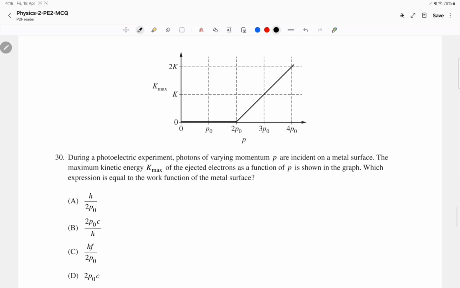30. Okay, so we've seen this figure before, but with a different x-axis. Before, the x-axis was f, but now it's momentum. P means momentum. Things have changed here a bit. We have talked about de Broglie wavelength, because ultimately, lambda is equal to h over p. That's the equation. Now, c is equal to lambda f, so lambda is equal to c over f. So here, replace lambda with c over f.